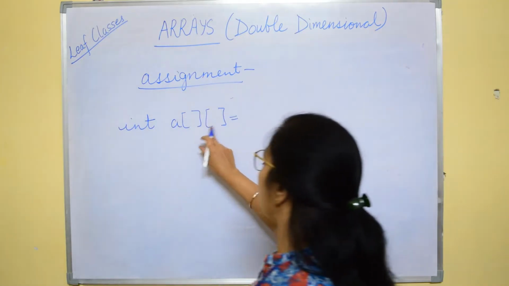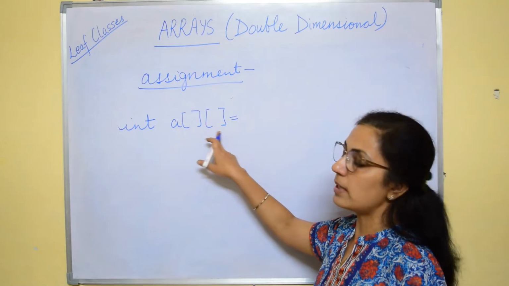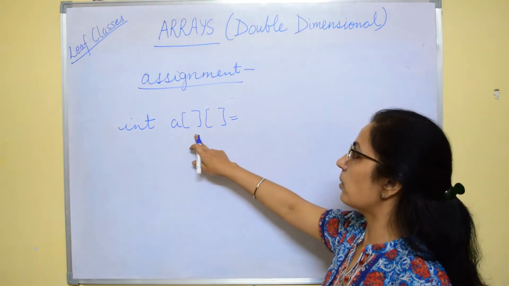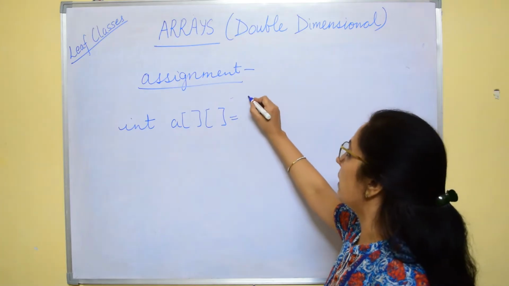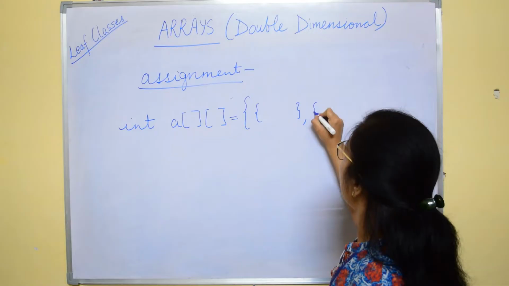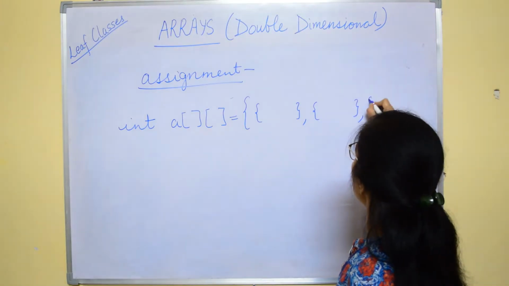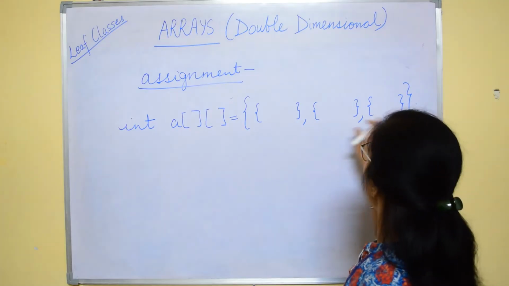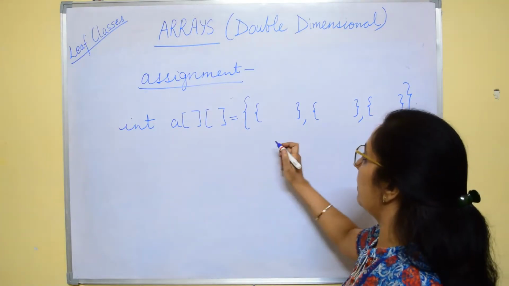You don't have to give the size here, rows and column value you will not specify here, which indicates you can give unlimited values here, and then row wise values within the curly braces you will give and enclose this in one outer curly braces.